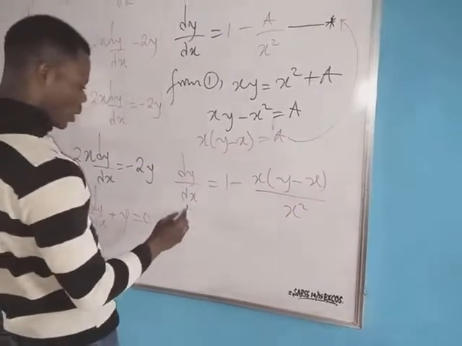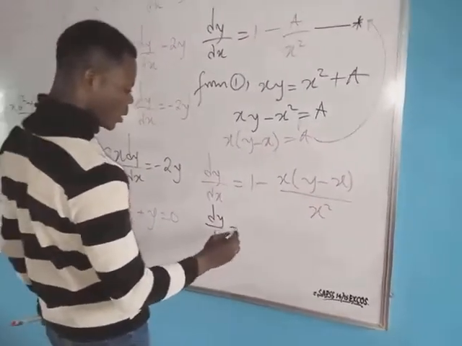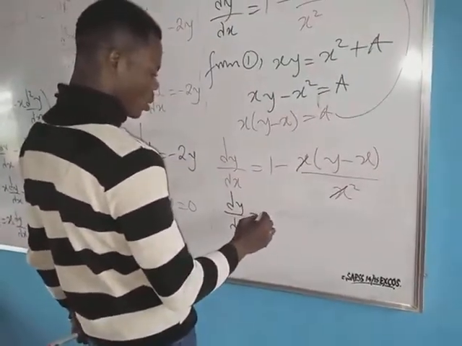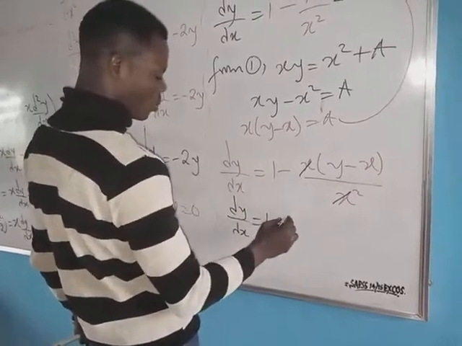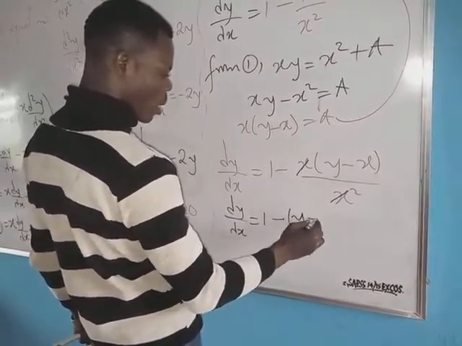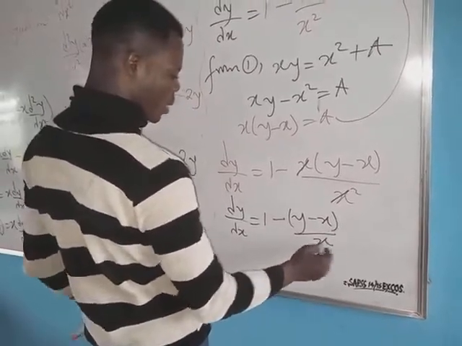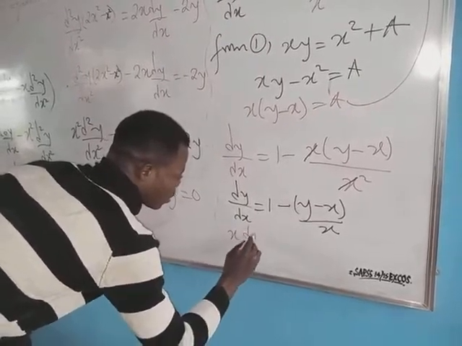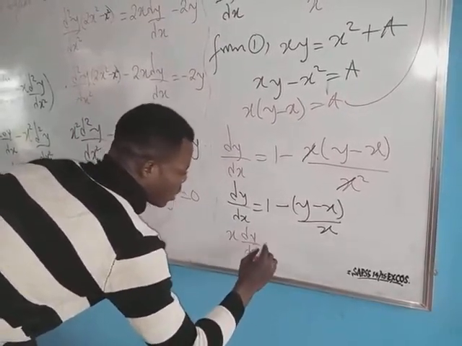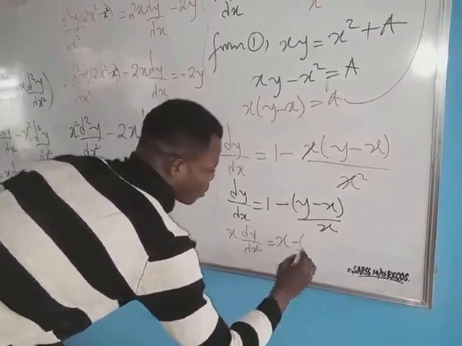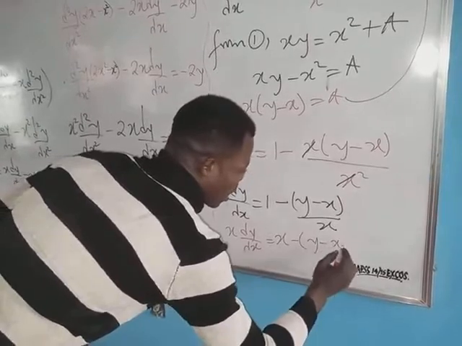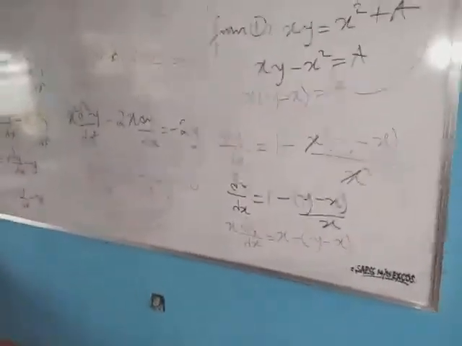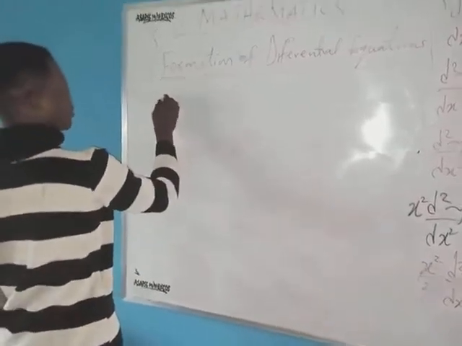So we can also write this as dy/dx equal to 1 minus y minus x all over x. And if we clear the fraction, we are going to have x dy/dx equal to x minus y minus x.